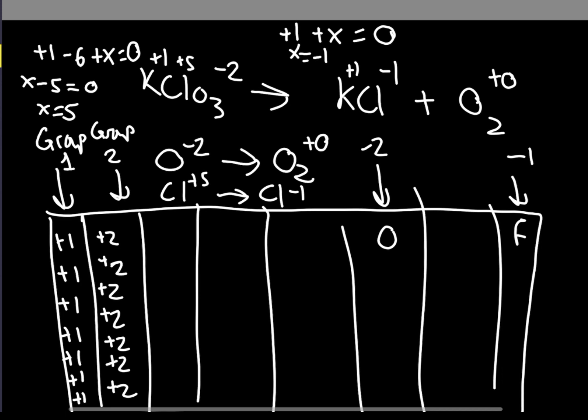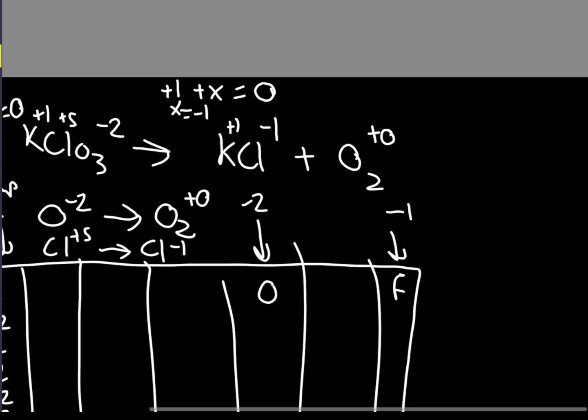My question to you is, which element is being oxidized and which element is being reduced? Well, chlorine went from a positive to a negative. When you go from a positive to a negative number, you must be gaining electrons. Imagine chlorine, hypothetically, had a +3 charge.